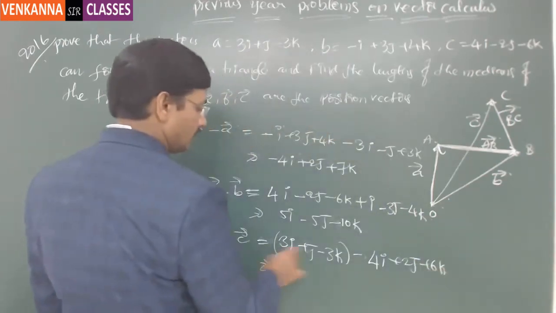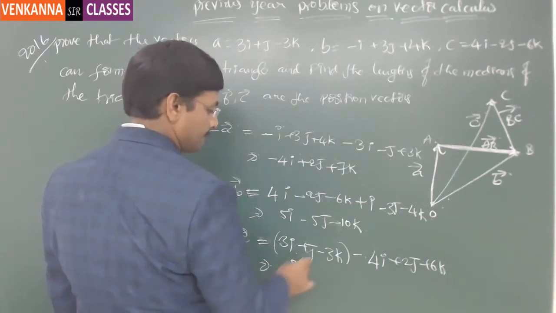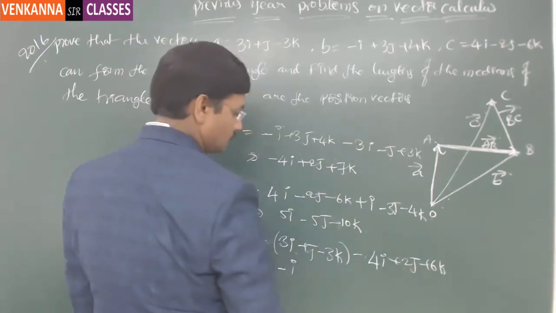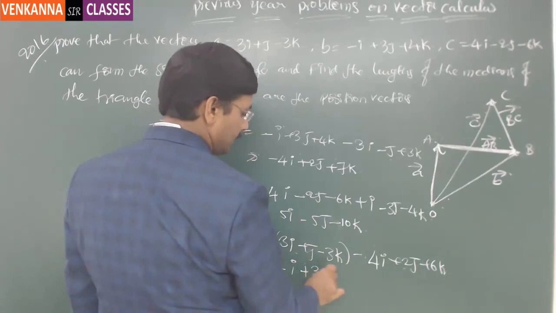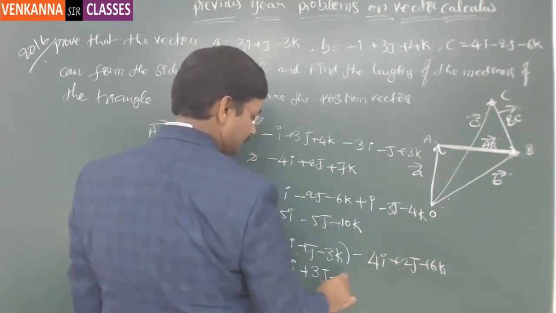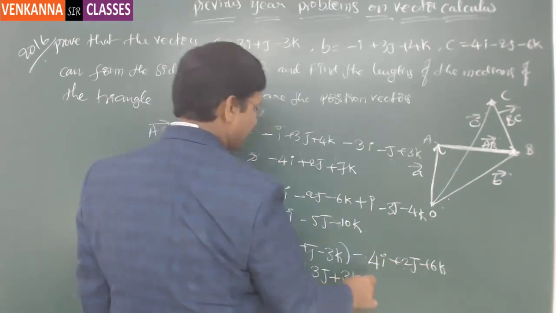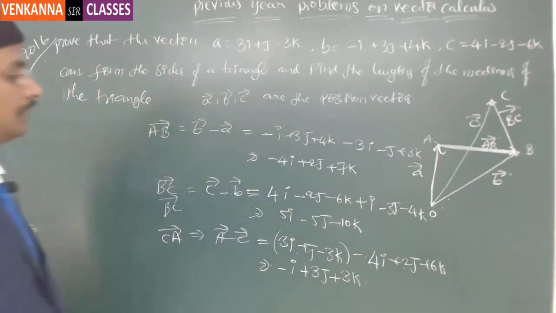So this is going to be minus i, plus j plus 2, that is 3j, and minus 3 plus 6, that is plus 3k. Got it?